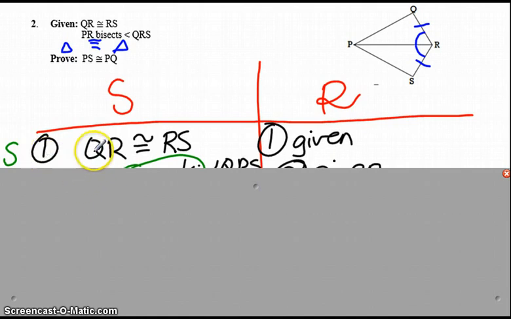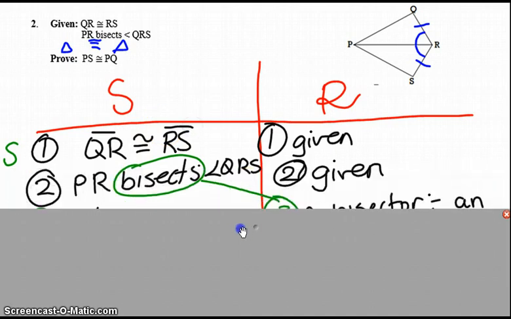Number 1, line segment QR is congruent to line segment RS, and that is a given. Our next given is line segment PR bisects angle QRS. And again, that's a given. You should notice right here, bisects is a mathematical term.